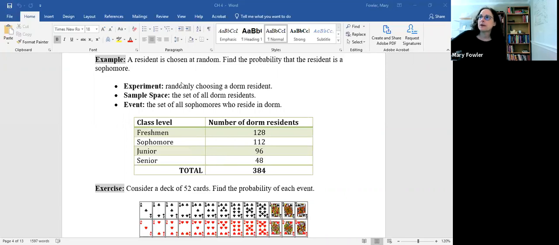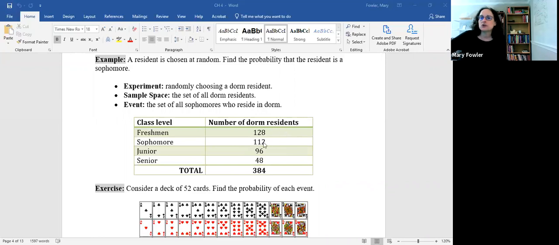The experiment is that we're going to randomly choose a dorm resident, and the sample space is the set of all dorm residents. The event that we want to consider is: what's the probability of getting a sophomore? So the event is all sophomores who reside in the dorm. So what is the probability of getting a sophomore?